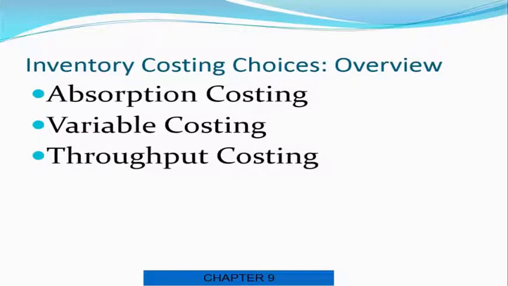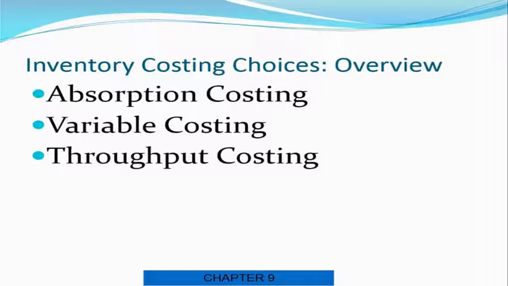By default, we use absorption costing as the main costing method for calculating inventory cost. This method we use in Accounting 1 and Accounting 2, mainly in financial accounting for preparation of financial statements.